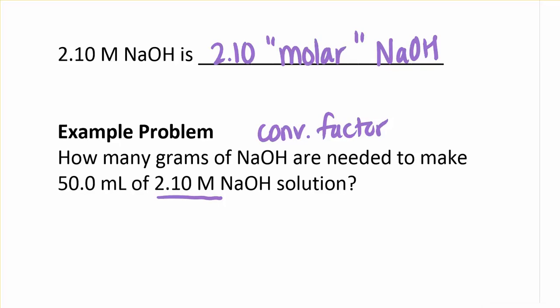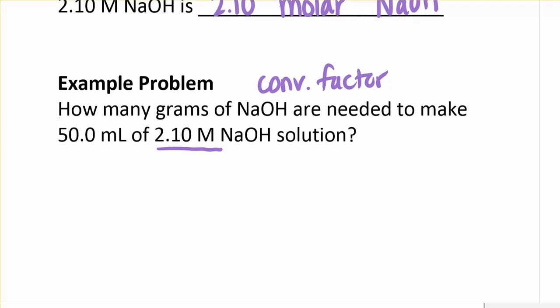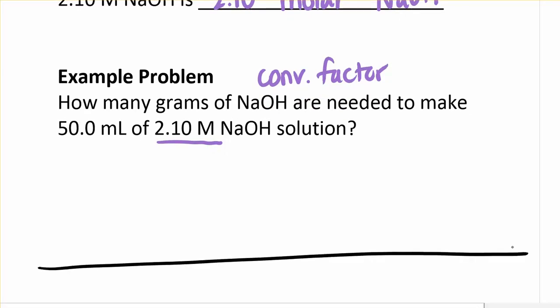So approaching it as a conversion factor problem, the first thing we usually ask is what number do we start with in this first position here? And we usually want a number that's just one number and one unit. So it almost looks like we have two of those, and that's a problem. But what we need to know is that this molarity is really 2 units and 2 numbers.